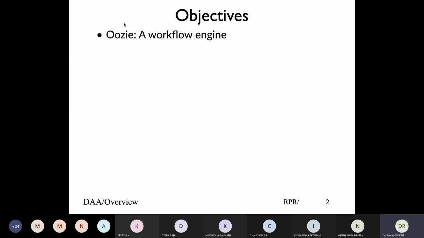When we started with our Hadoop programming, we started with MapReduce. Then we went to chaining. What did chaining do? When we use chaining, what was happening? Hadoop chaining.